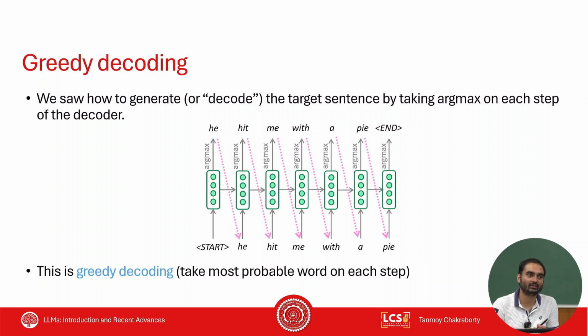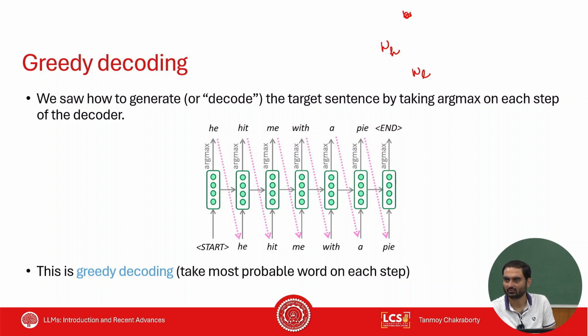Now during the inference stage, what do you do? Since there are two RNNs, encoder and decoder, how many weight matrices are there? In the encoder, how many weights are there? There is this WH, there is this WE, and there is this U. So U is not there in the encoder.